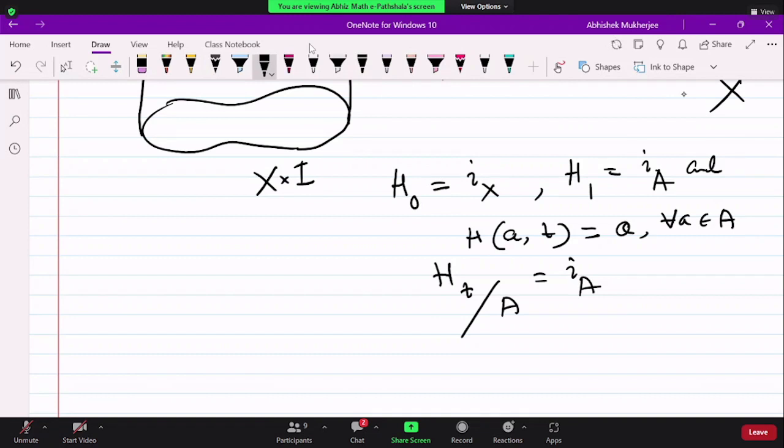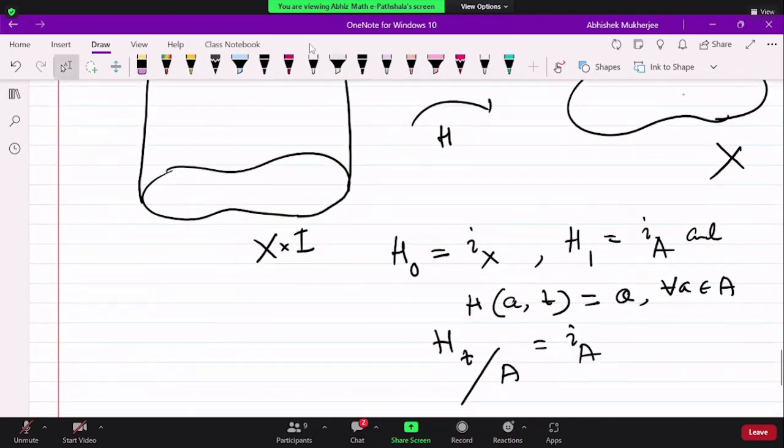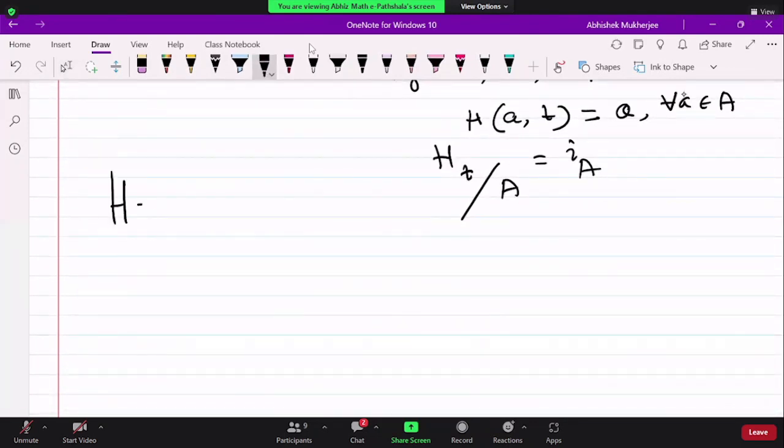So not only H1, if you take any T and restrict that to A, that will be the identity map. And H1 must be the identity map. In this way, you can define a deformation retract, and this H will be called a deformation retraction.